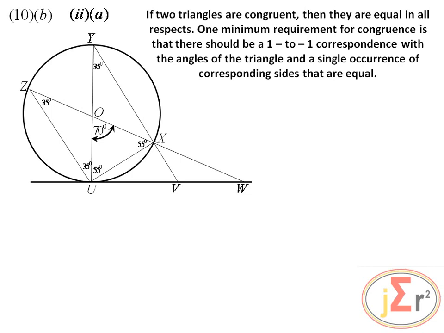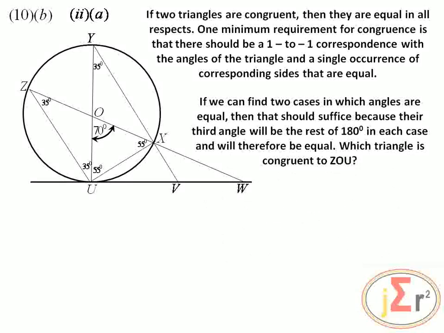In addition to that, we should have corresponding sides being equal in length. If we can find two cases in which angles are equal, that should suffice, because their third angle will be the rest of 180 degrees in each case, and will therefore be equal.